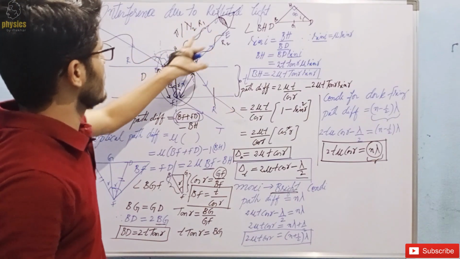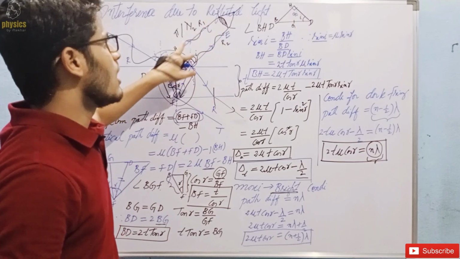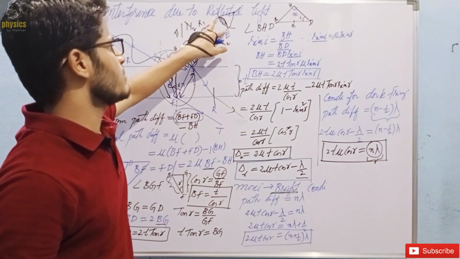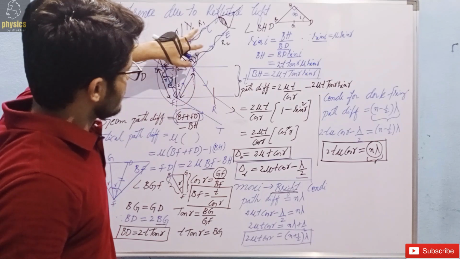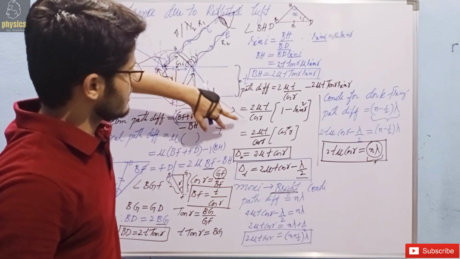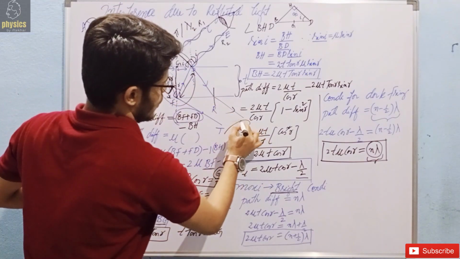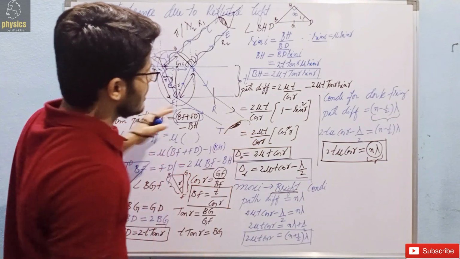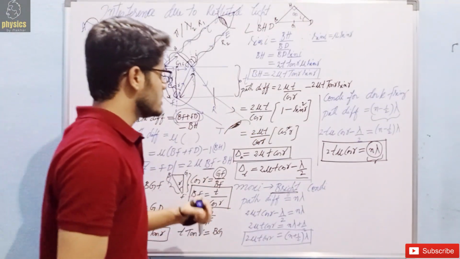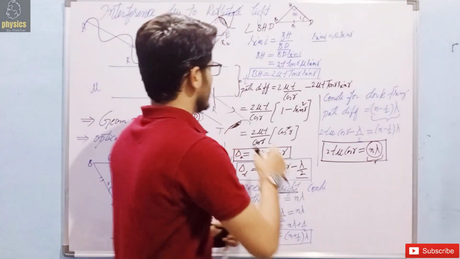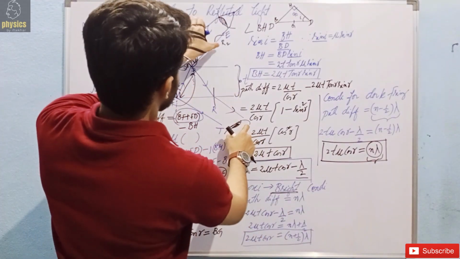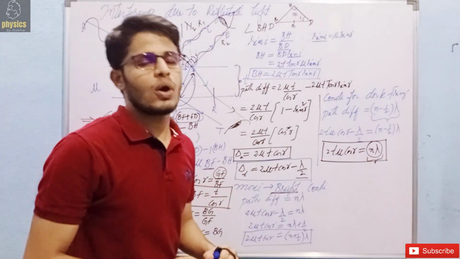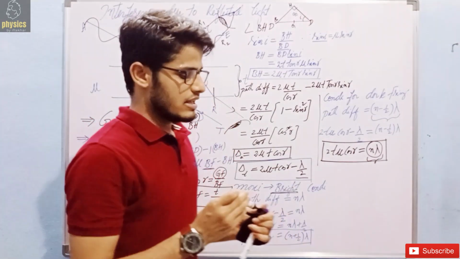Here the reflected light rays are giving you the interference pattern. In a similar way, the transmitted light rays will merge and they will also give you an interference pattern, and we'll see what is the difference between this interference pattern and that interference pattern. There is a difference, they are not exactly the same.